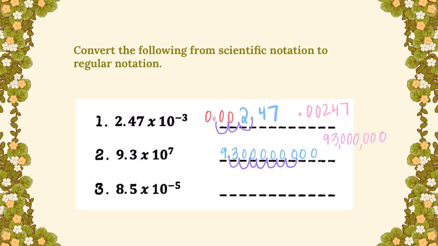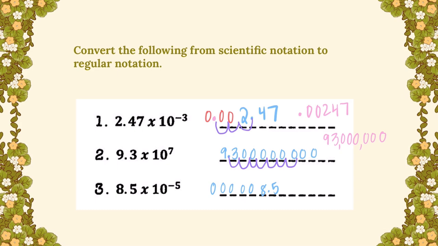Okay, so then we have 8.5 times 10 to the negative 5th. Same thing, let me write out the 8 and the 5, and then I'm going to write some zeros here in the front. Then I'm going to move the decimal 5 back.